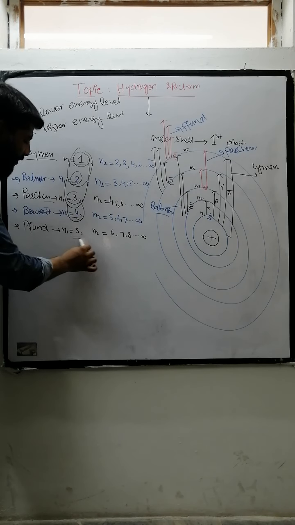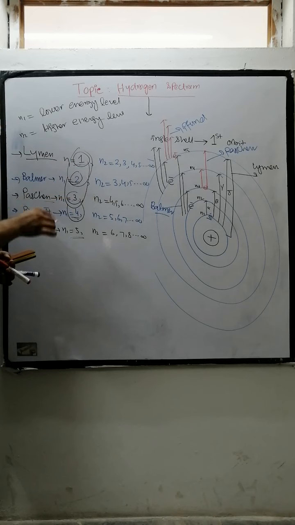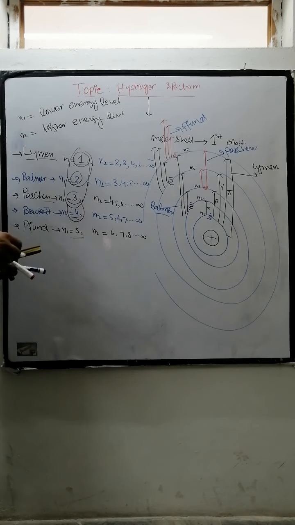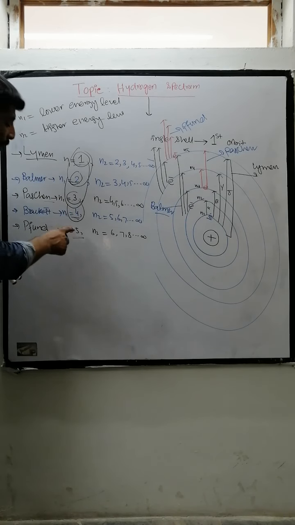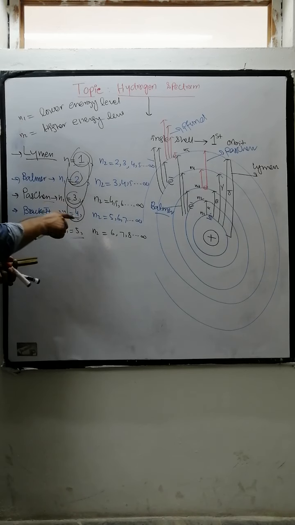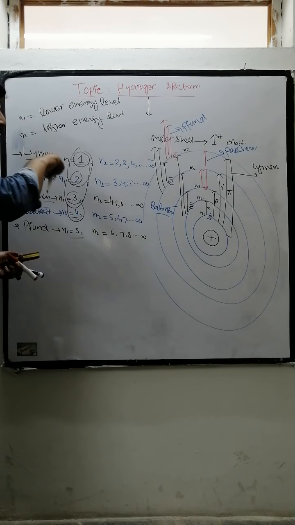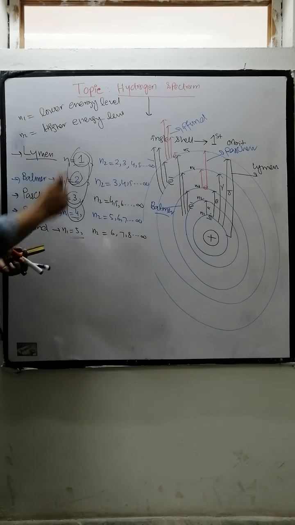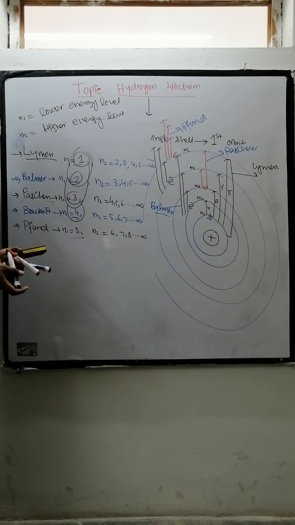And in the Pfund series, the wavelengths for the first, second, third and fourth energy levels are missing. Means it is short of 1, 2, 3, 4 energy levels. So respective energy and respective wavelengths are missing for the Pfund series.